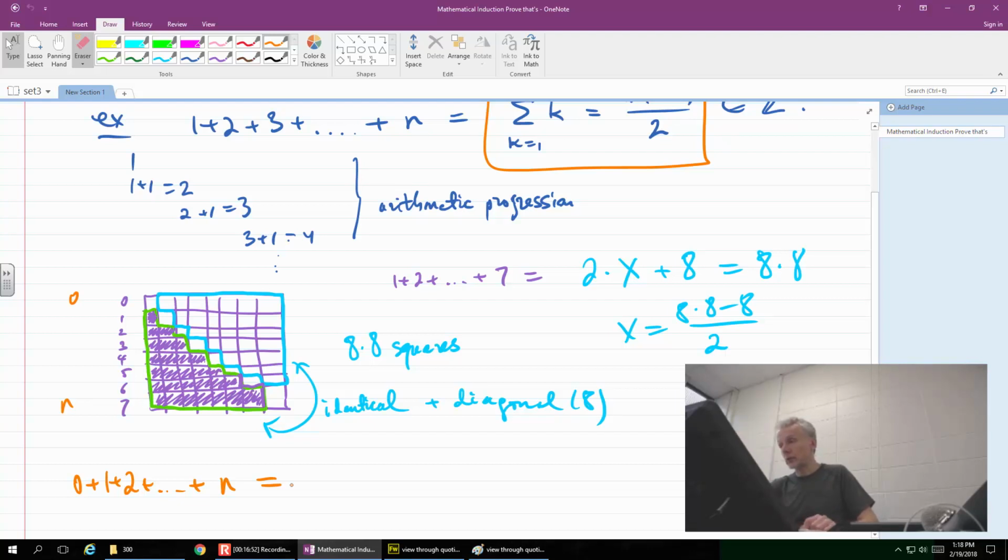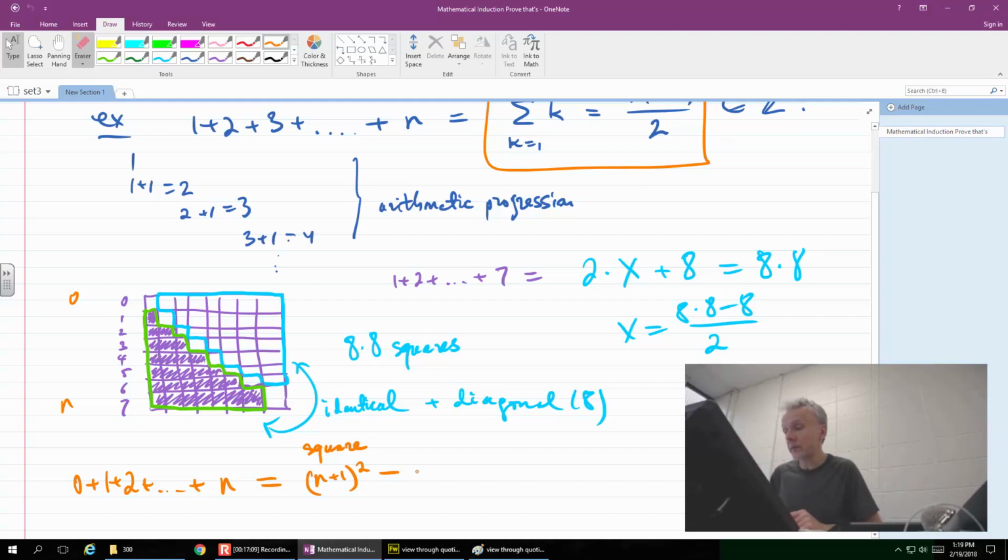Well, what's the total? It is a full square. How large is it? Almost. It's n plus 1. Yeah, we start at 0, so the total square is n plus 1 squared.